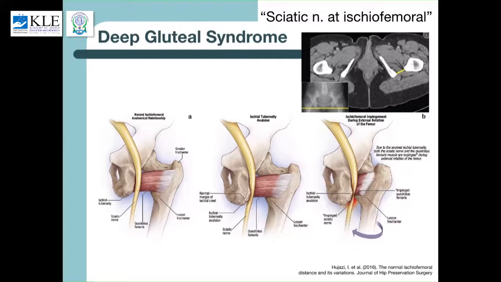But we know it's an under-recognized form of atypical extra-articular hip impingement, defined by hip pain related to the narrowing of that space between the ischial tuberosity and that of the femur. Narrowing of that ischiofemoral space will lead to muscular, tendon, or neural changes, creating that pain.